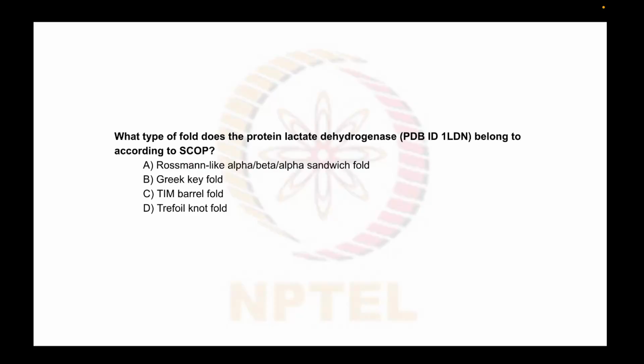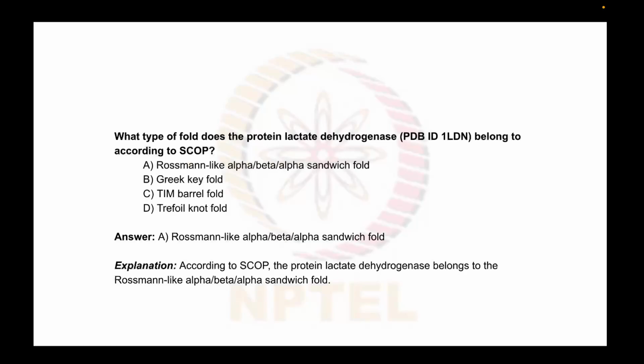Which type of fold does the protein lactate dehydrogenase belong to according to SCOP? It is Rossmann-like alpha beta or alpha beta sandwich fold.